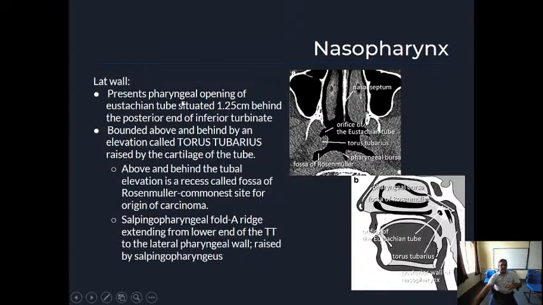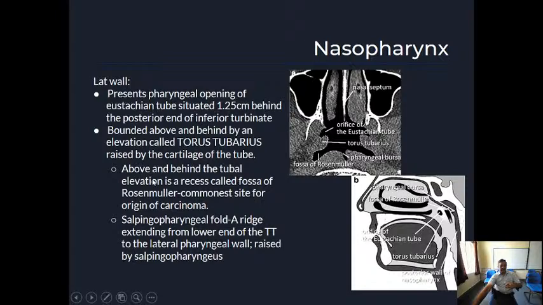The lateral wall of the nasopharynx consists of the eustachian tubal orifice, 1.25 centimeters behind the inferior turbinate posteriorly. There is an opening for the eustachian tube, and this eustachian tubal opening is bound above and behind by a cartilage which is called torus tubarius.